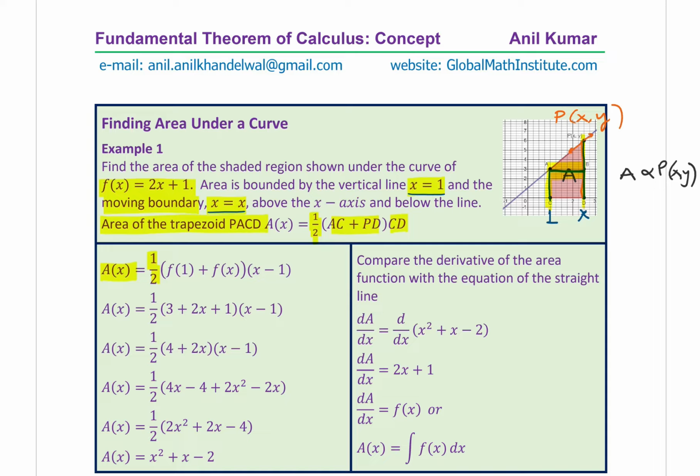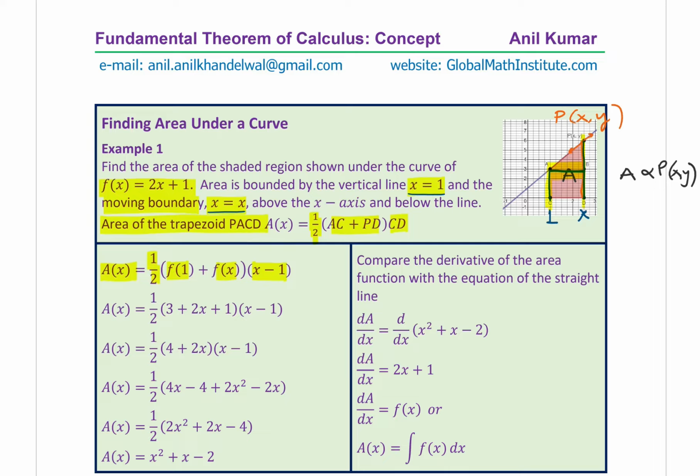This parallel side is at 1, the value of the function, that is f of 1, correct? So we'll substitute 1 in the function and get f of 1. And at x, it is f of x. Perfect. And now the distance between these two is x minus 1. So that is how we get the area function for the trapezoid in this particular case.